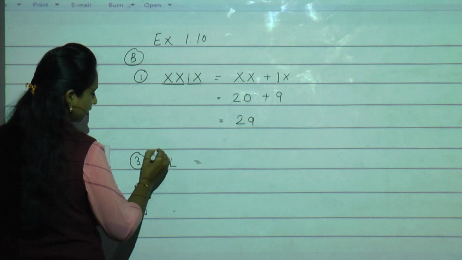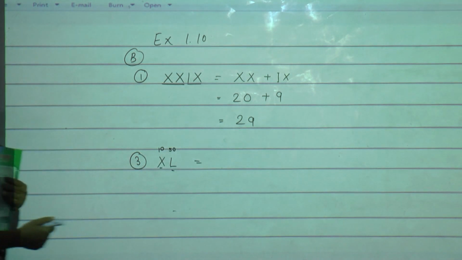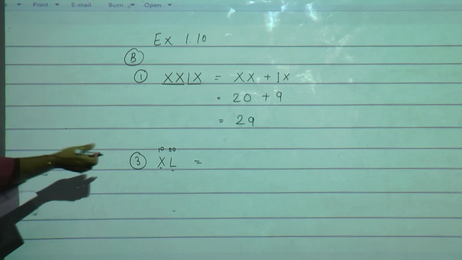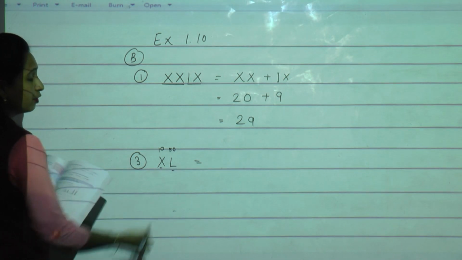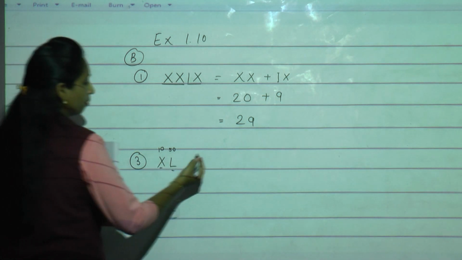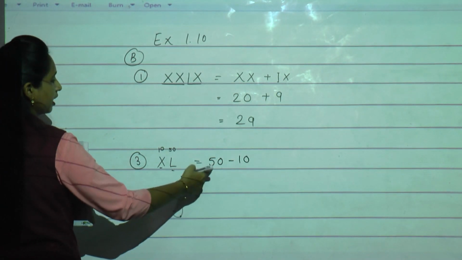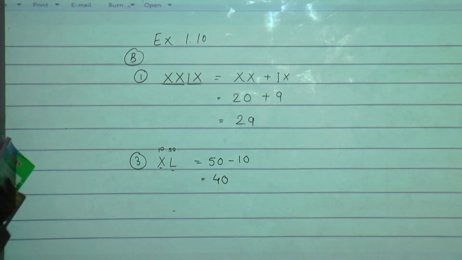Now see, X represents 10, L represents 50. Here the smaller number is written to the left side of the greater value, so we subtract the smaller value from the greater value. When we subtract 50 minus 10, we get 40. So XL represents 40.